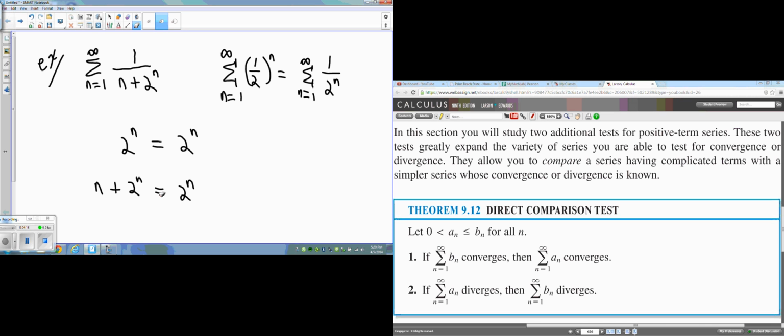This is no longer equal. Now that I'm adding something, the left side is greater than the right side. And actually, it could also be equal if n is equal to 0. So this is either greater than or equal to now.